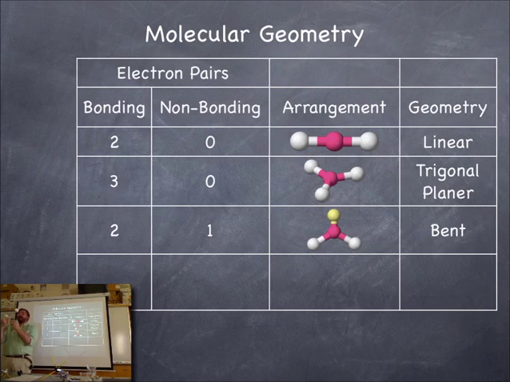So instead of being 120 degrees, this is going to be a little bit less than 120 degrees because this lone pair takes up more space, repels the bonding pairs a little bit. It depends exactly on what atoms are involved because they're going to have different protons and things like that. And actually 120 is far enough away that it really doesn't have much of an impact. It's when we start to look at the tetrahedral geometry that we really start to see a change.